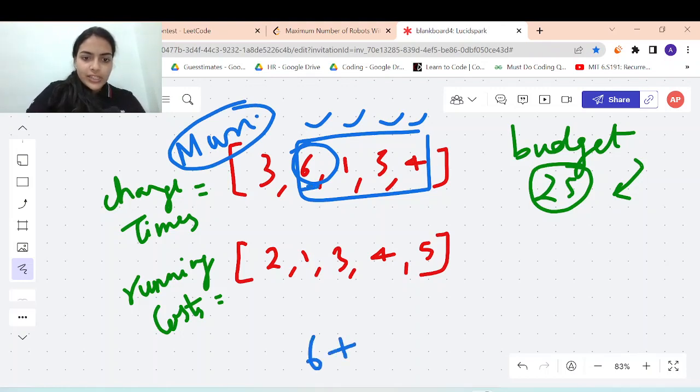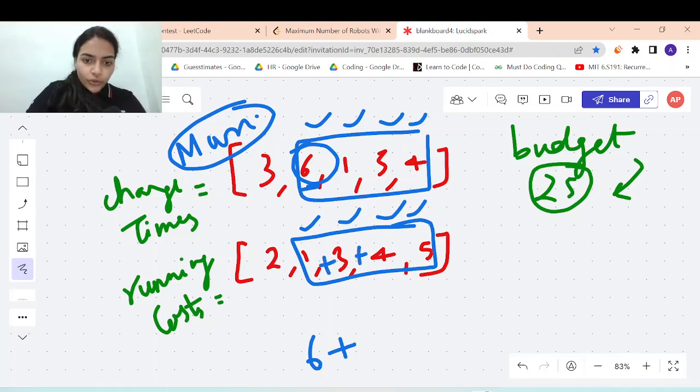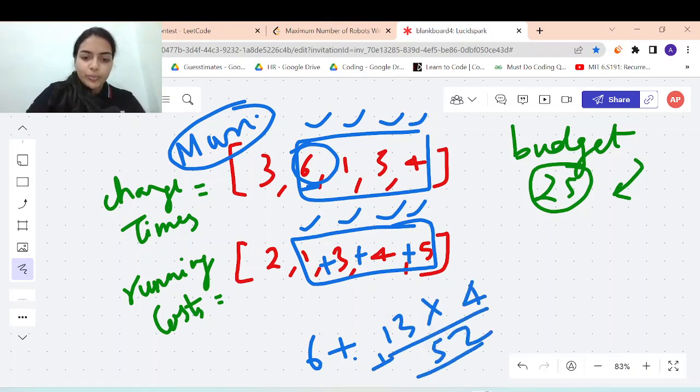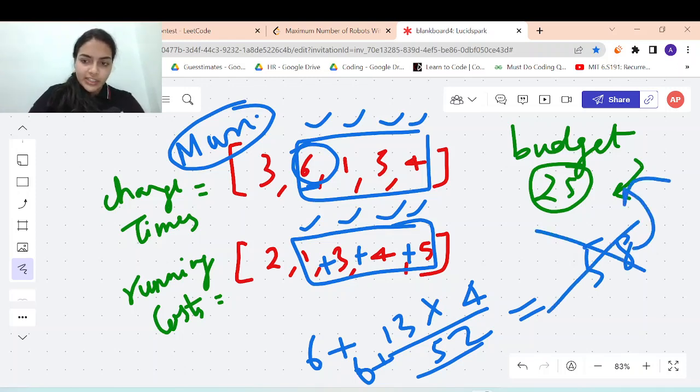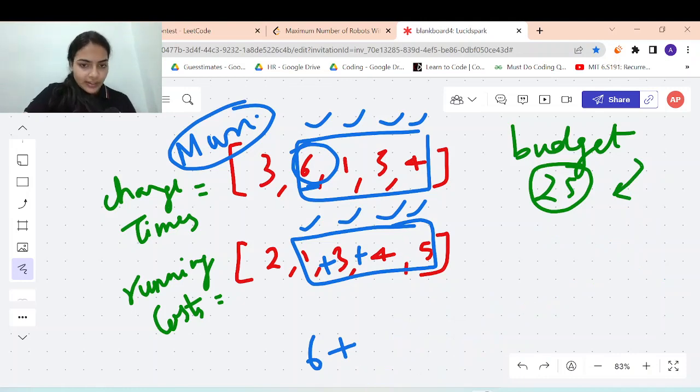So 6 plus, if you are picking these 4 robots, you have to take the sum of the running cost. 1 plus 3 is 4, 4 plus 4 is 8, 8 plus 5 is 13, and 13 times 4 will be 52. 52 plus 6 is equal to 58. That is a lot greater than our budget, so this is not allowed. You cannot pick these 4 robots. It will go beyond your budget.